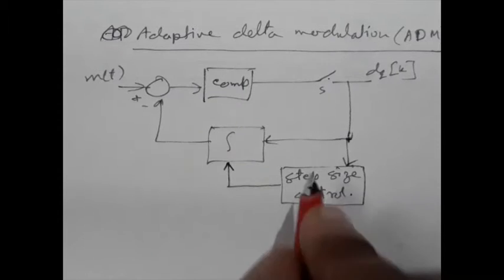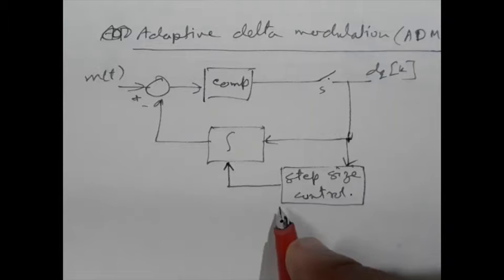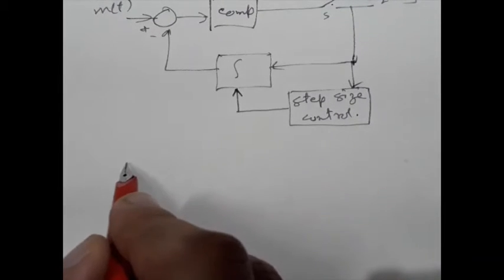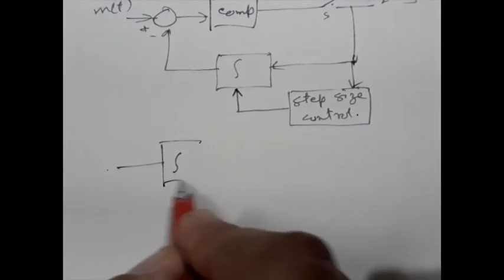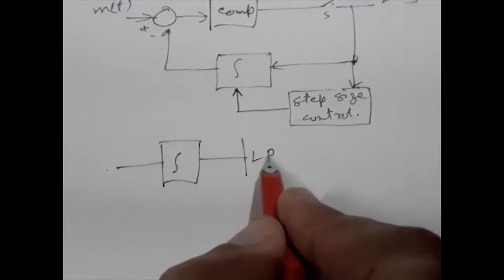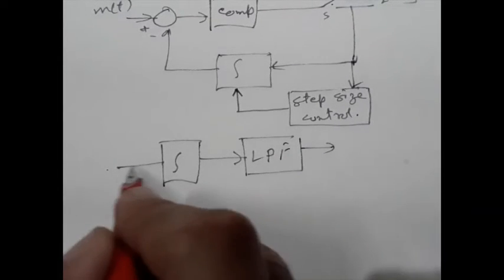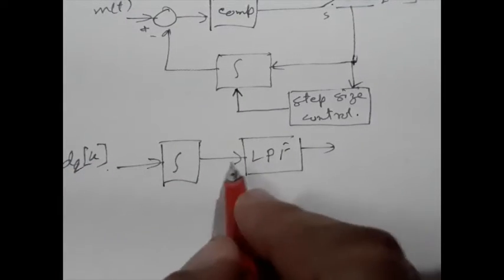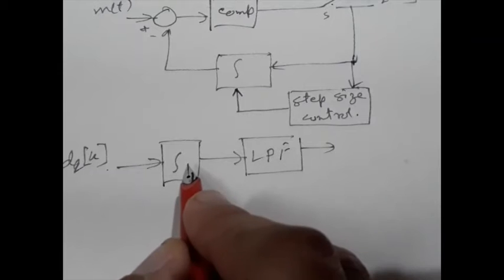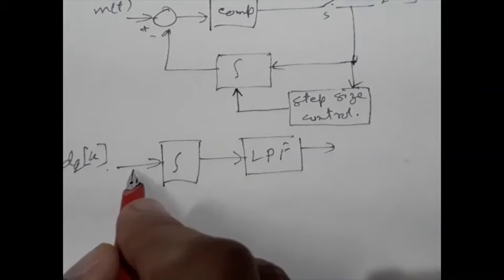Obviously, if there is a step size controller in the transmitter, then a similar circuit must be present at the receiver also. So this is the circuit for the delta demodulator.